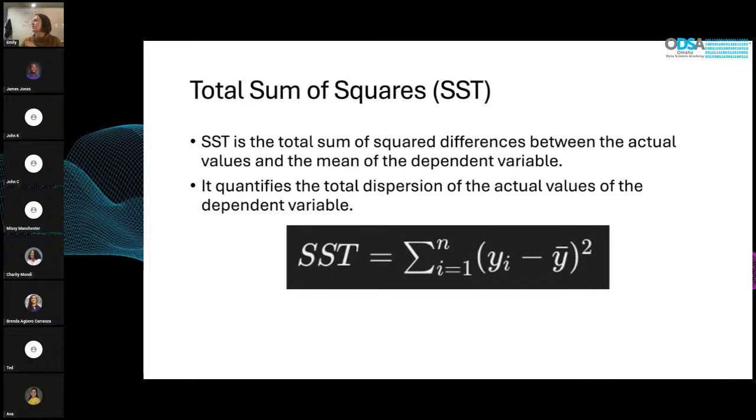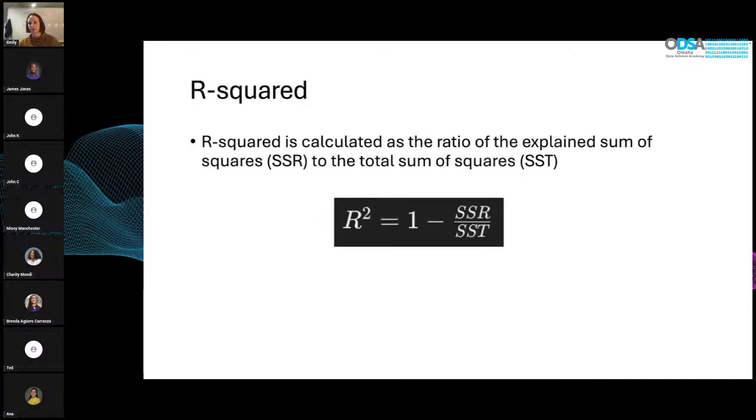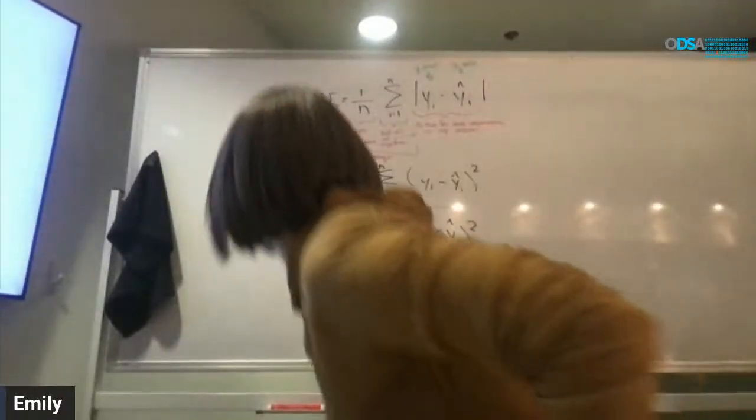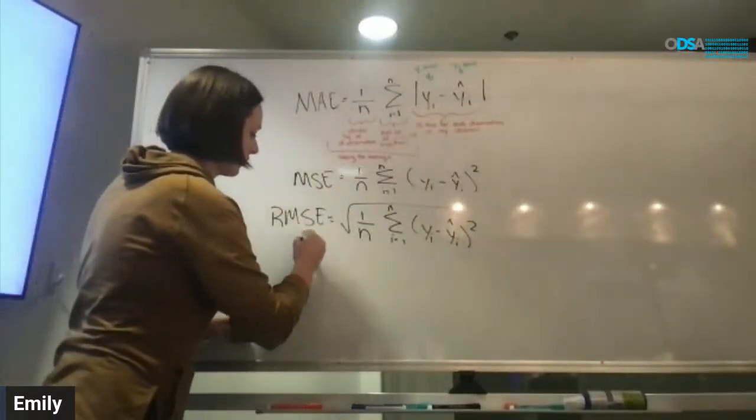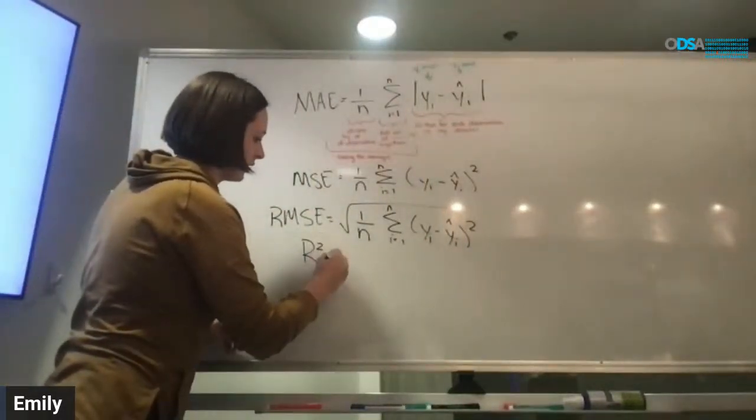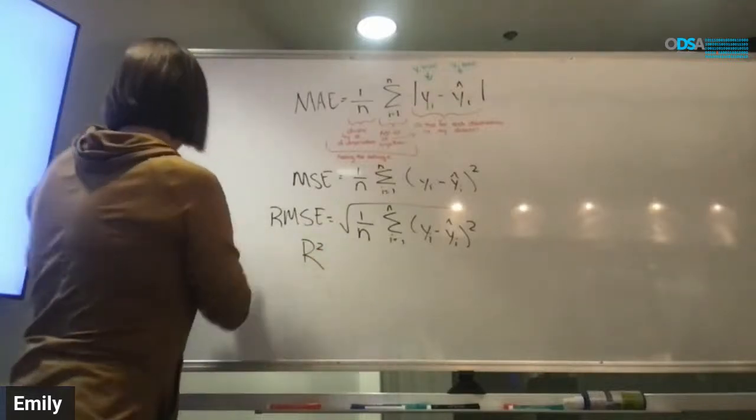So let's write this out first of all. Let's jump back to the board. Now we have R squared. I'm building up our knowledge domain of regression metrics here. R squared, I'm going to move it down just a little bit.